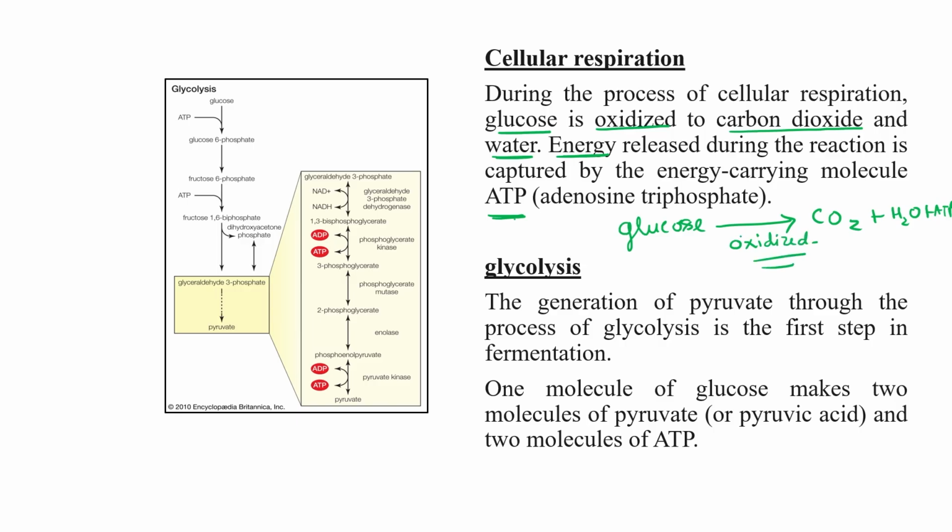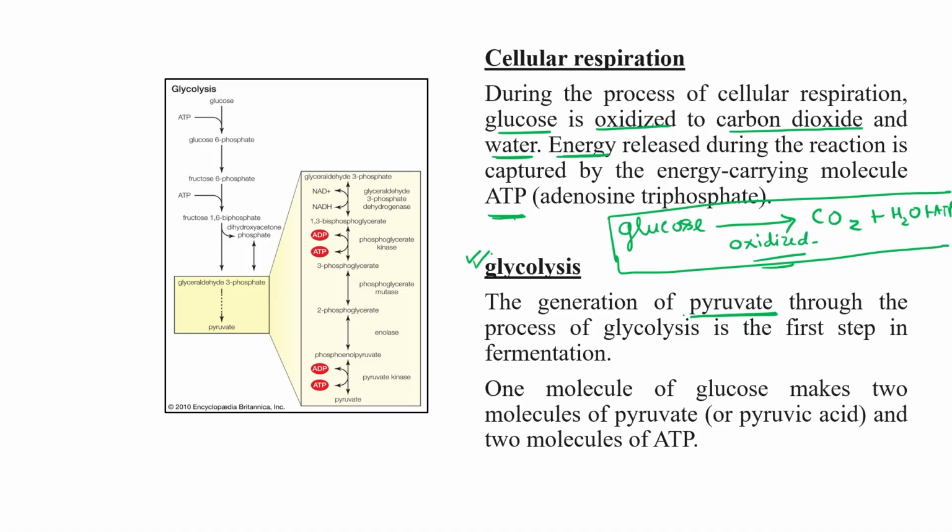Okay, so in this particular reaction, there are so many metabolic steps involved. We have already discussed the glycolysis step, right? As you can see in this picture, the generation of pyruvate occurs. This is the last product, or main product, of glycolysis.